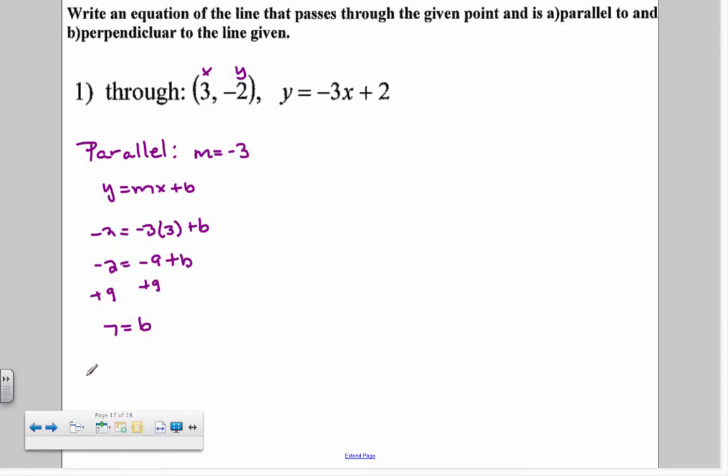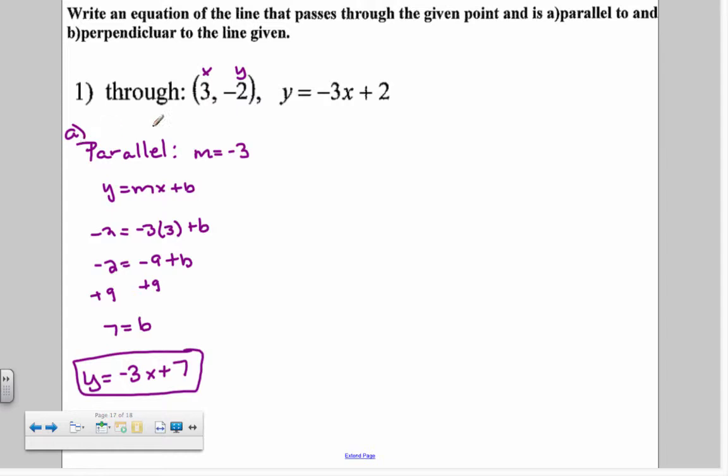And now I can rewrite that as y equals mx plus b. So I'm going to have y equals negative 3x plus 7. And this is the parallel line going through point 3, negative 2 to the line y equals negative 3x plus 2. So part A is finished.